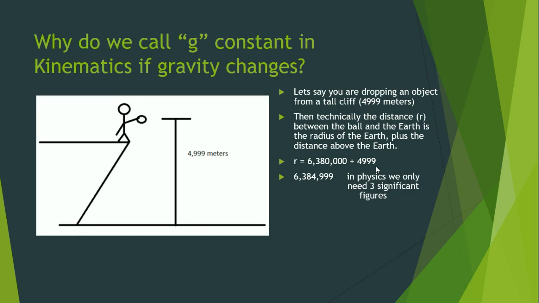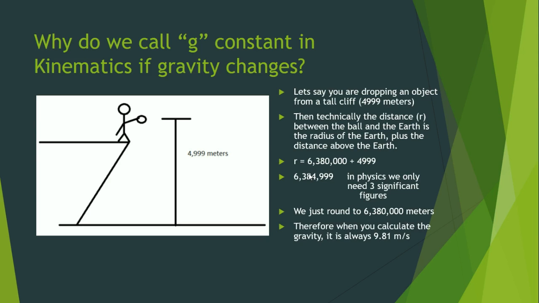Significant figures are any real numbers, basically, and captured zeros. So to have three significant figures, we would just round the 8 up or down depending on what this number here is. And since it's a 4, we just keep it the same. And so we would just round to 6,380,000 meters instead of bothering to round it up.